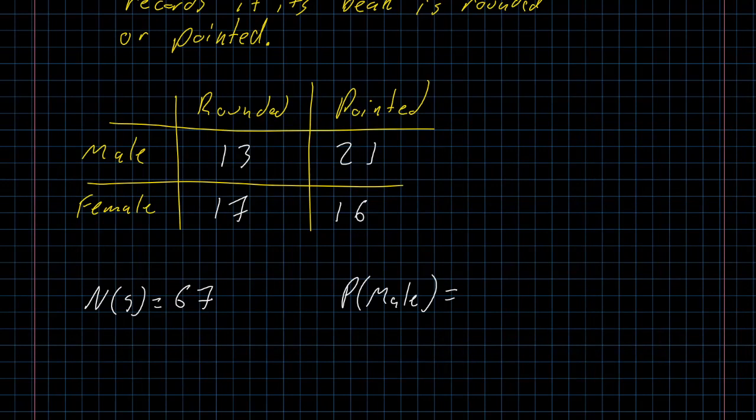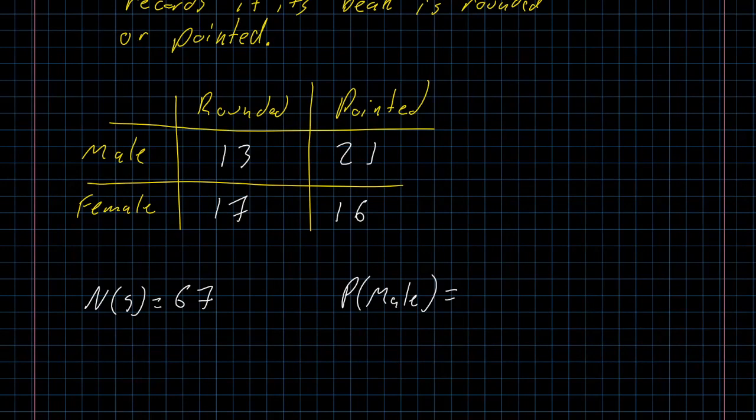Right. The probability that the bird watcher has spotted a male finch is asking, what is the probability that I fall somewhere in this row? A beak can either be rounded or pointed. That's a clear distinction. No finch has a pointed and a rounded beak. That would require a finch with 2 beaks to be in 2 separate species.